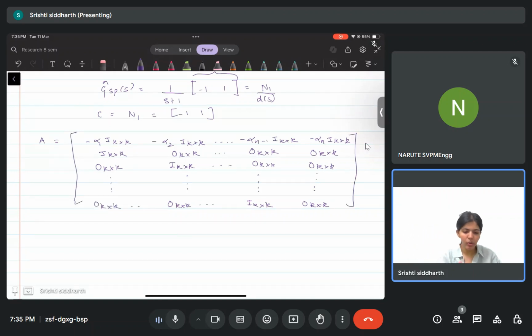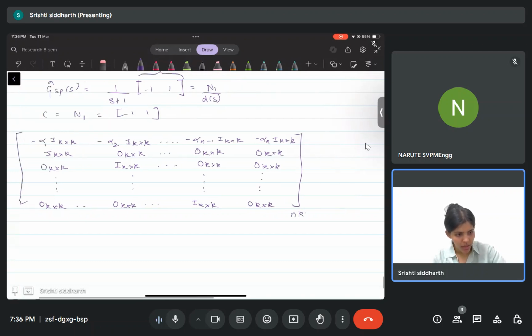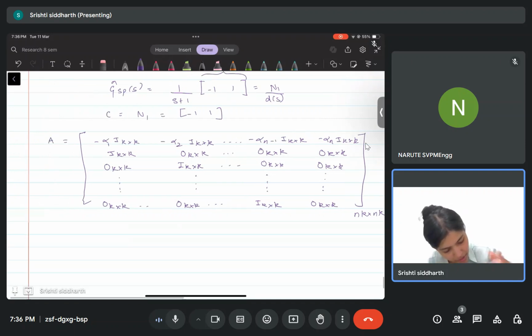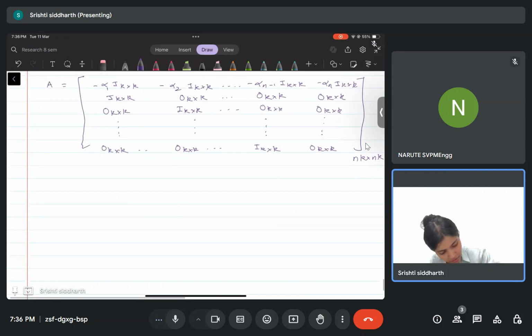So we have to find out what this k is, right? The size of this is nk by nk. So we actually have 3 indices: m, n and k.